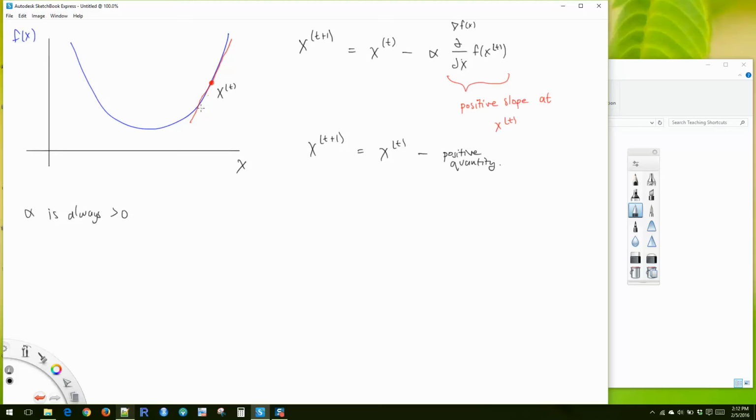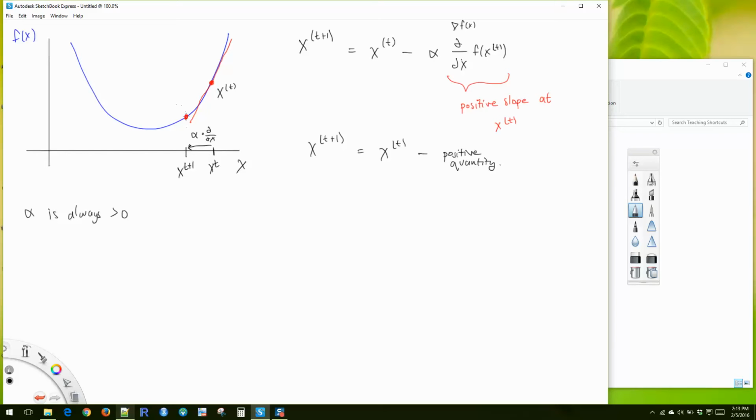Okay, and so for our next step, let's say we take a step, and maybe this is going to end up being x at time t plus 1. We take a step and we end up here. So we're at x at time t, and this quantity that we've moved is alpha times our slope. Okay, and so this is now x at time t plus 1.